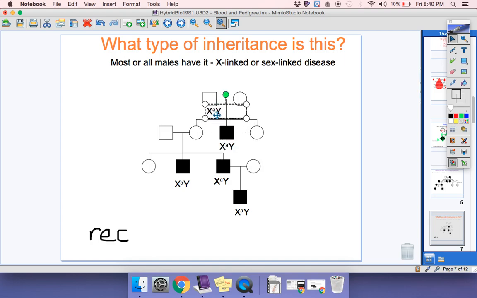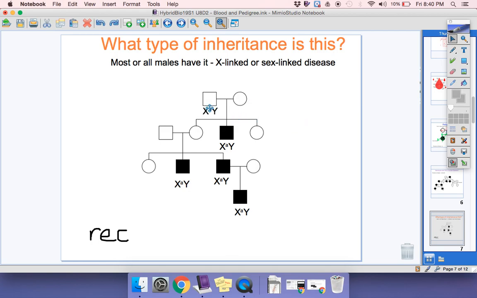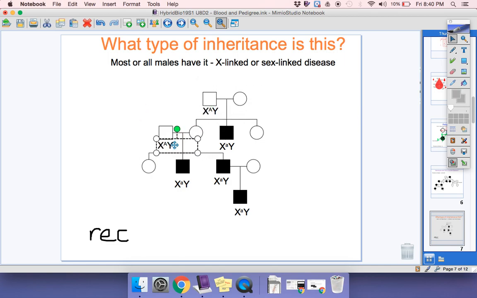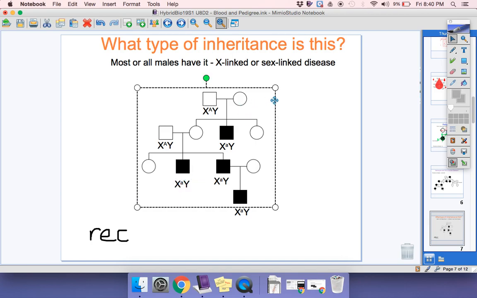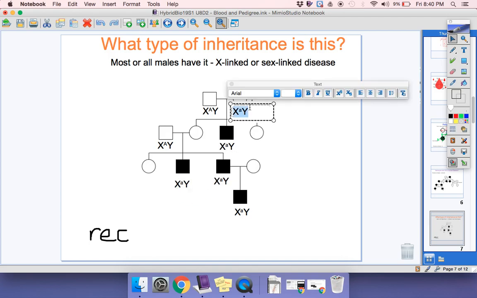Okay. Any boys that don't have the disease then, since it's recessive, they would have the opposite, which would be a capital letter. So any boys that didn't have it would have the X capital A Y. And then any of the women who have children who have the disease must be X big A, X little a.